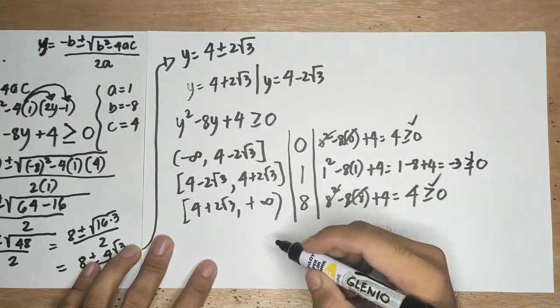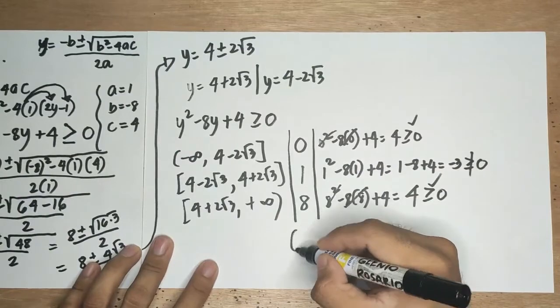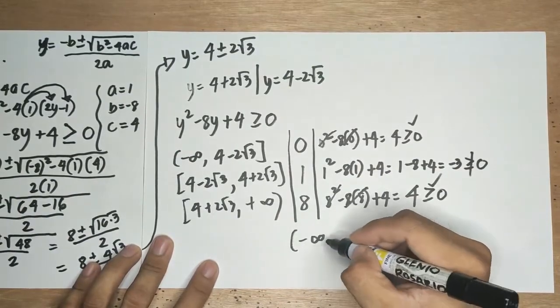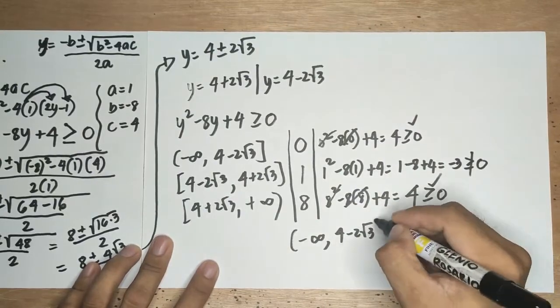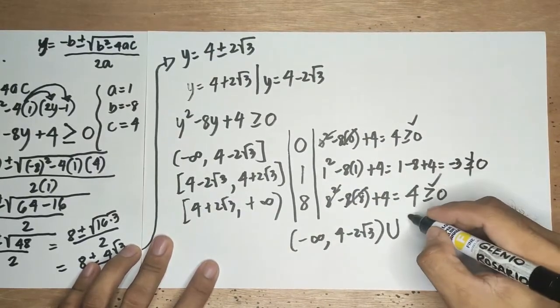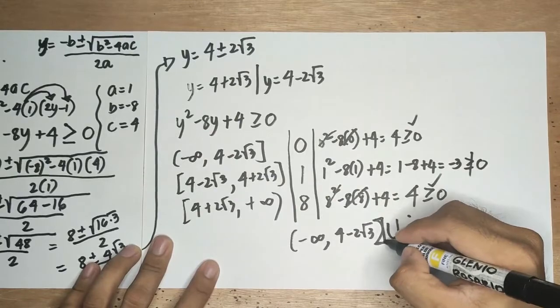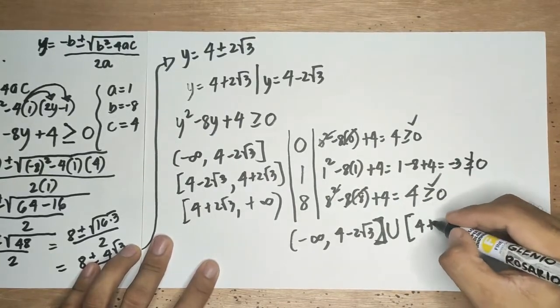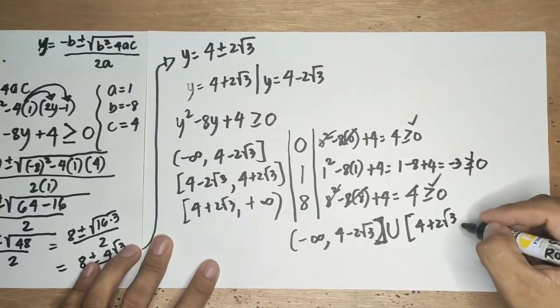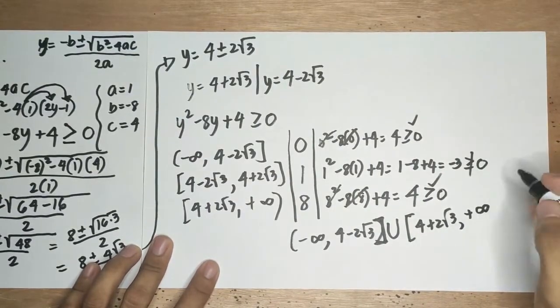ang nakuha nating values ni y ay negative infinity to 4 minus 2 square root of 3, union with, this is square bracket, sorry, 4 plus 2 square root of 3, then positive infinity.